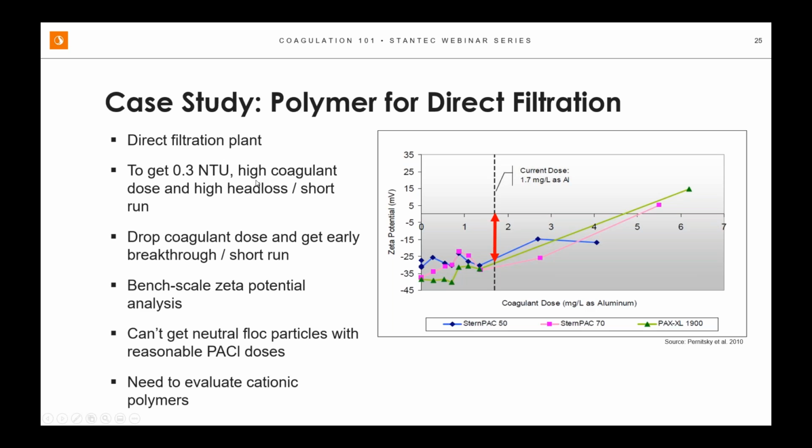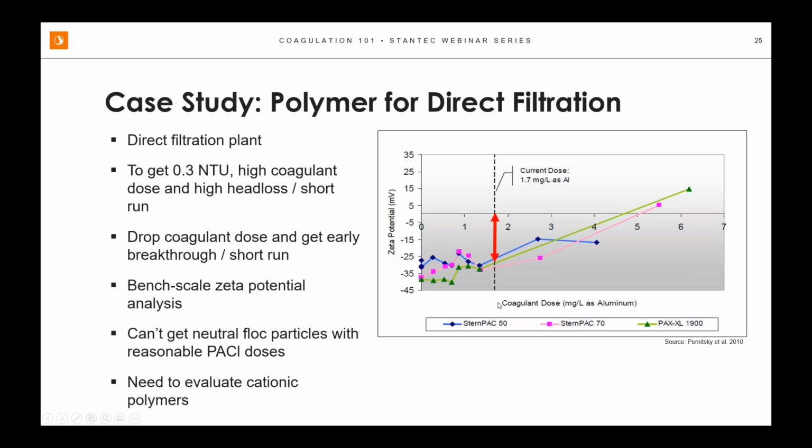If they cranked the coagulant up so that the filters would ripen and they'd meet 0.3, they had a lot of solids, high head loss, and short filter runs. But if they dropped the coagulant dose to try to minimize the amount of flock going on the filters, they'd get early breakthrough and short runs. So they had this real challenge trying to keep up in the summer with demands. They couldn't produce enough water to keep up with the backwashes and demand.